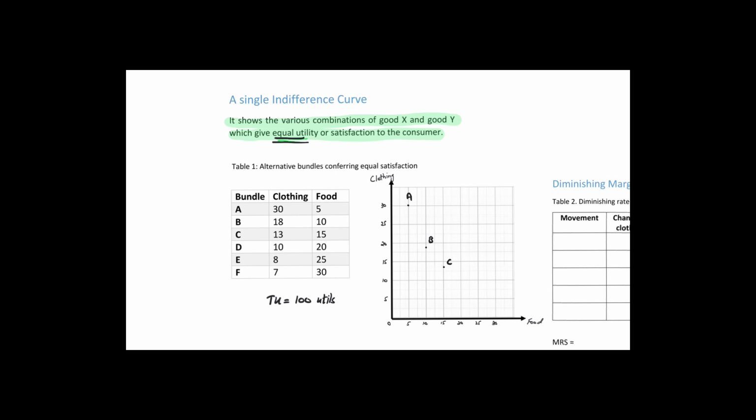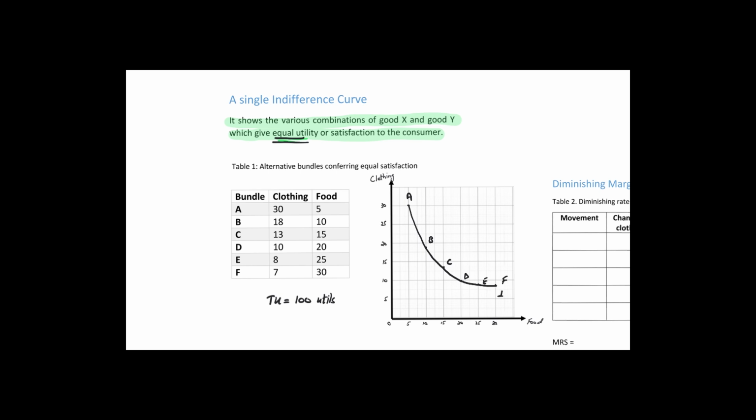Sir, are you plotting these midway? No, I am plotting them on the whole numbers, and that's my point F. And if I plot them, this is how my indifference curve looks.